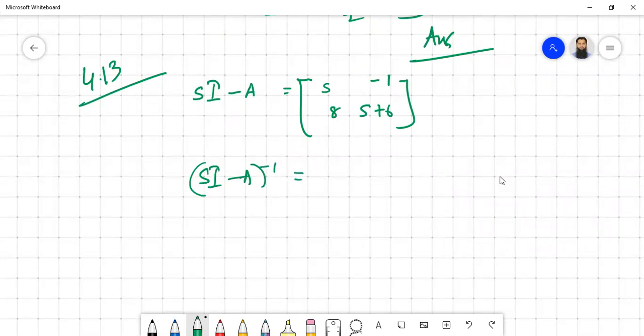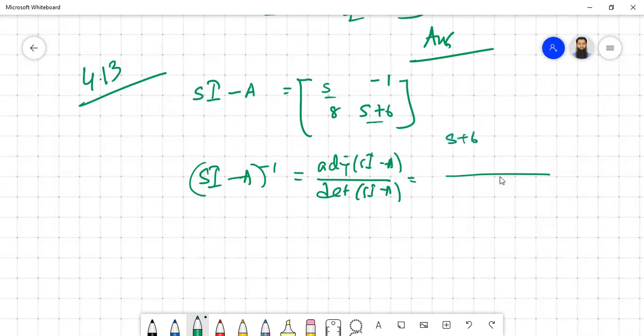That is basically the adjoint of sI minus A divided by the determinant of sI minus A. The adjoint coefficients are easy. The coefficient of this one is this and the sign will be plus, so s plus 6. The coefficient of this one will be this one with a negative sign, of course, and then you take the transpose as well. So minus 8, then 1, and then s.